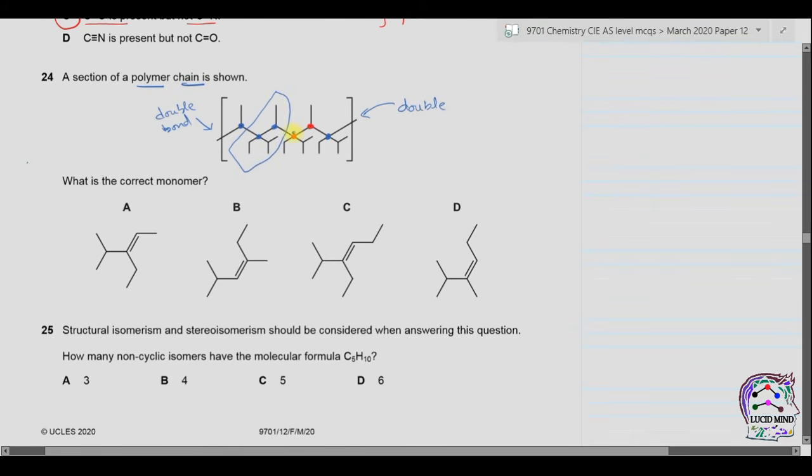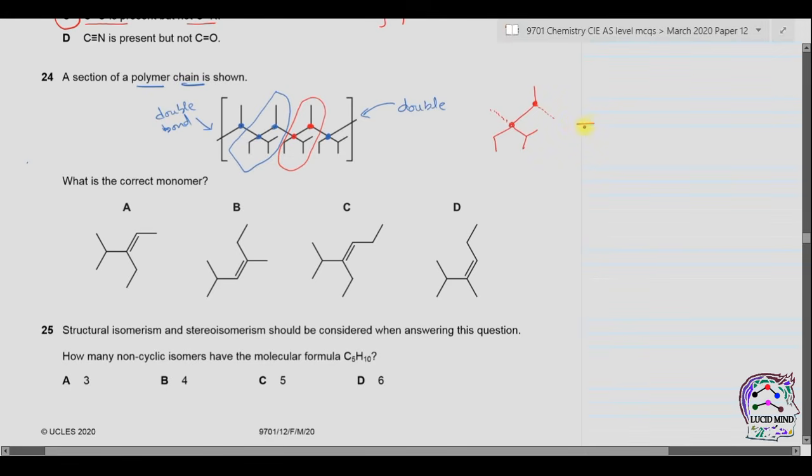So this is one unit. This is another repeat unit. Let's draw it separately. It is like this. One bond is continuing like this and the second bond is continuing like this.